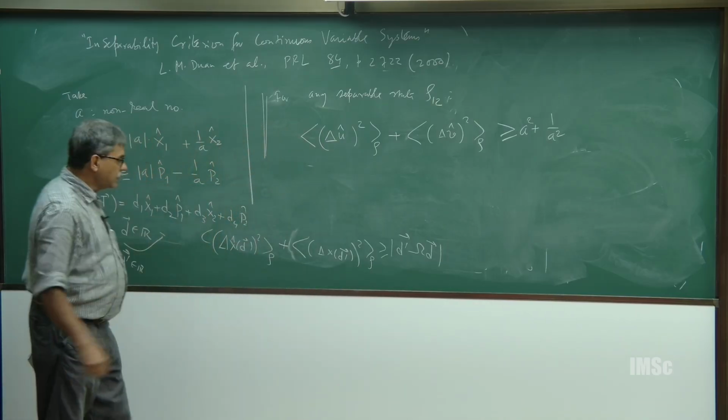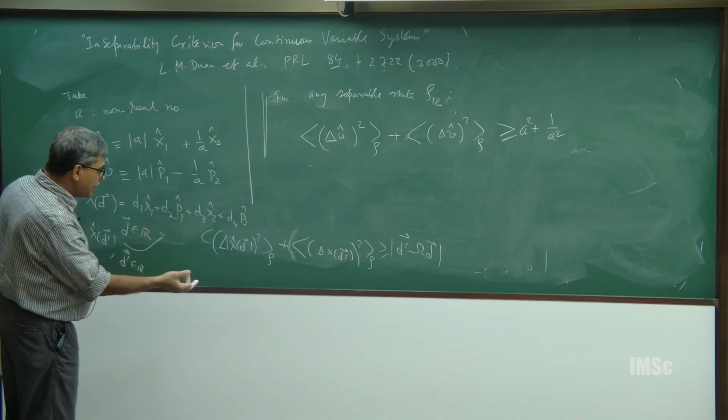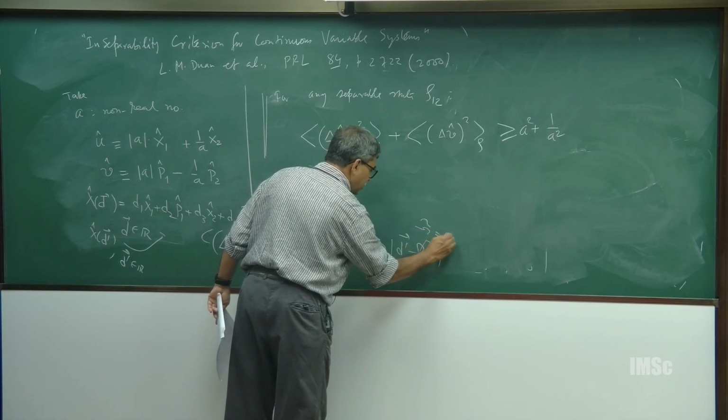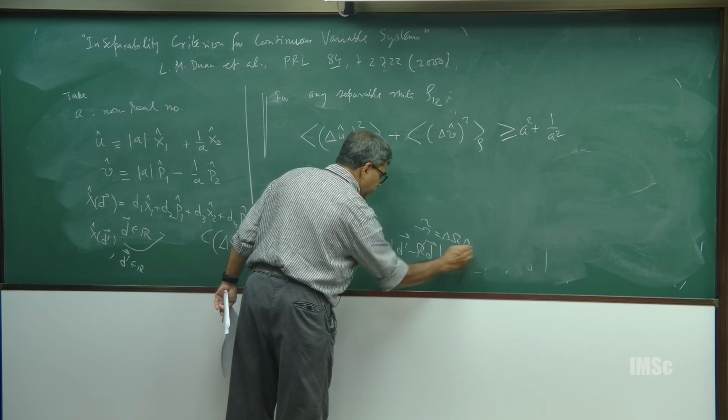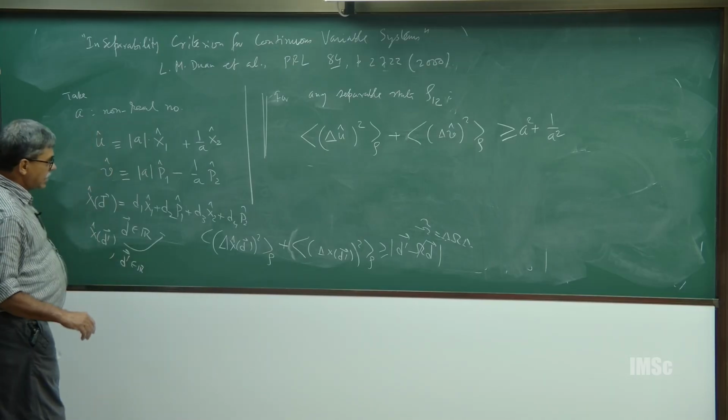This is something we have obtained for any state, and then for separable state this will be replaced by omega tilde, which is the partial reflection. This is what we have seen.